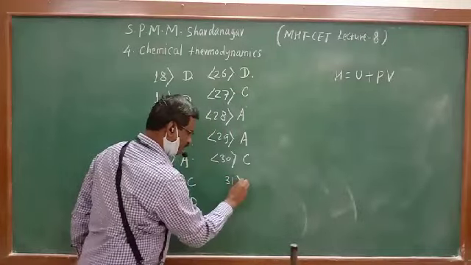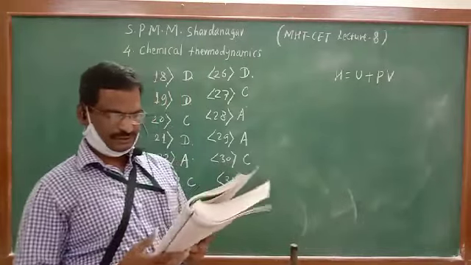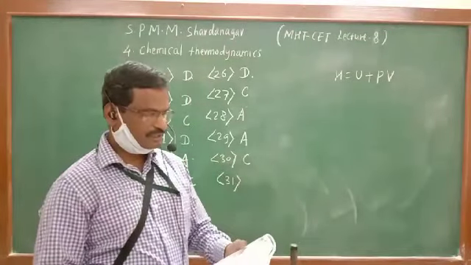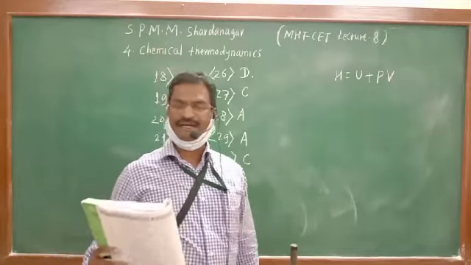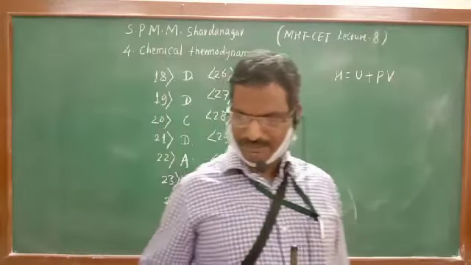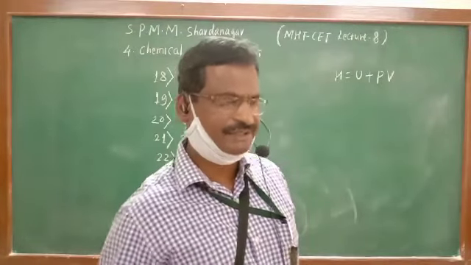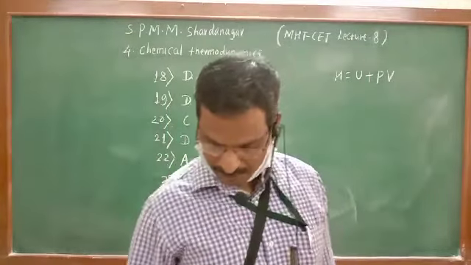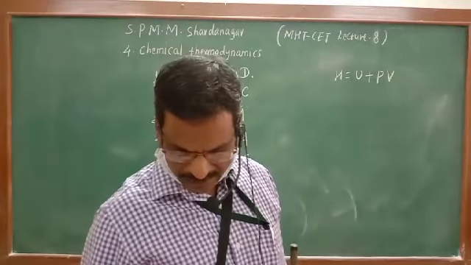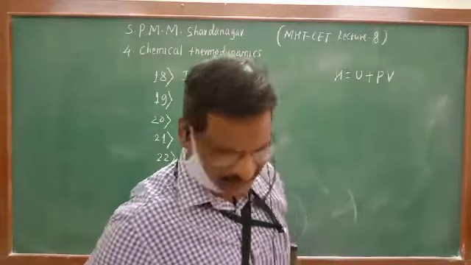Now question number 31. Correct representation of heat supplied at constant pressure and constant volume in gaseous reaction is.